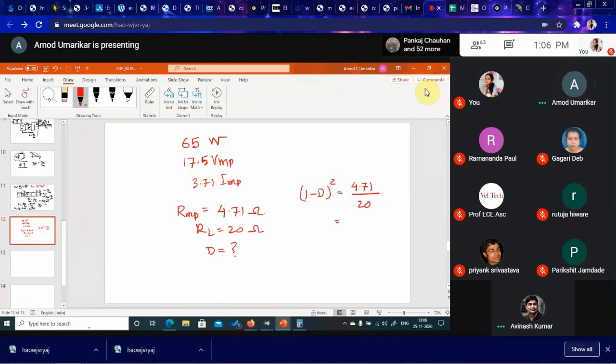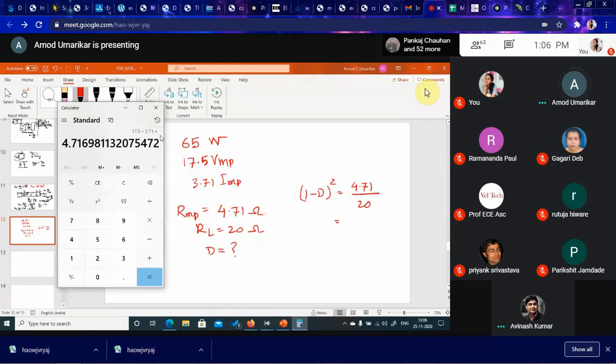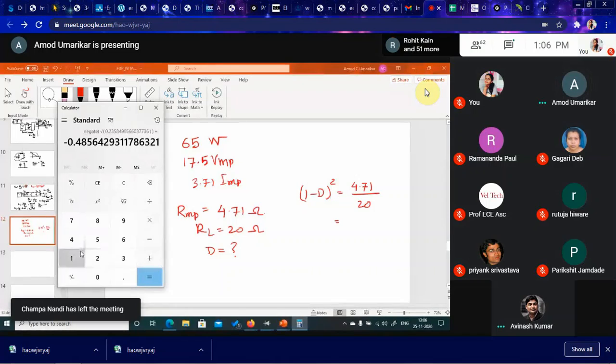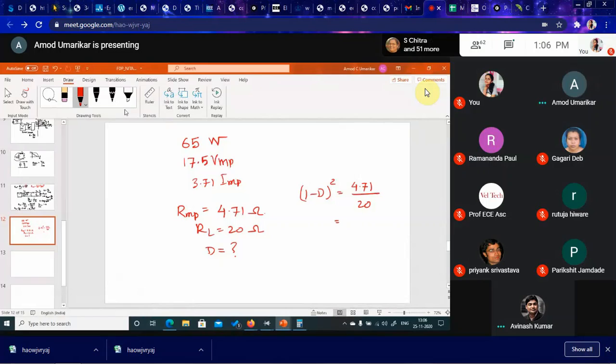Take the square root, and then D comes around 0.5.